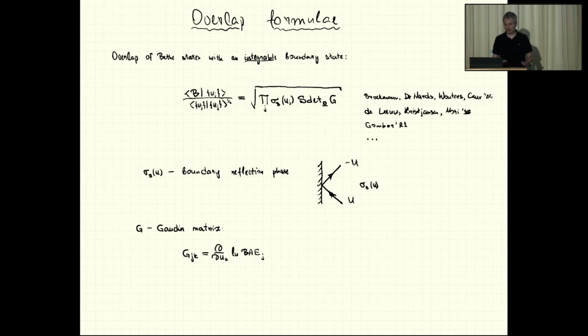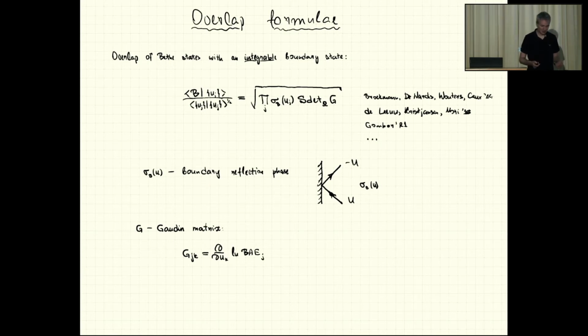And then it's well known in many examples that the overlaps of this type of states have a concise determinant representation. The state is characterized by a reflection matrix. In the simplest case, it's just a reflection phase. The non-trivial part of this overlap formula is a determinant of the Gaudin matrix, but in this case, it is not just a determinant; it's a super determinant.